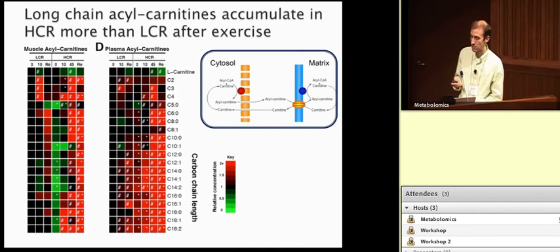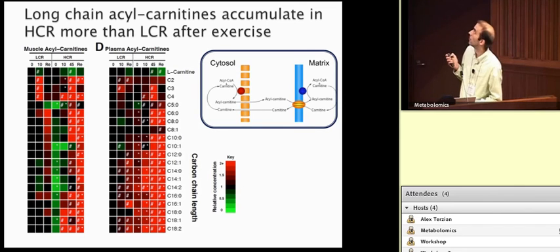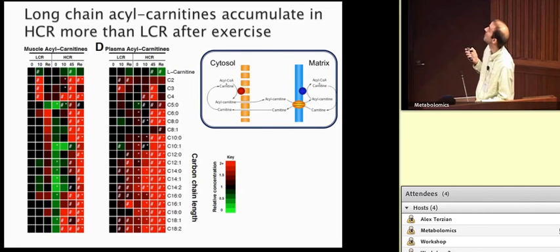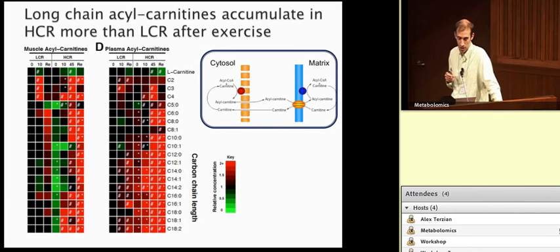And they do that because acyl-CoAs, which are the substrate that are oxidized in beta oxidation, cannot cross the mitochondrial membrane. They have to be converted to acyl-carnitines to make that transport by a carnitine transporter or carnitine palmitoyl transporter.